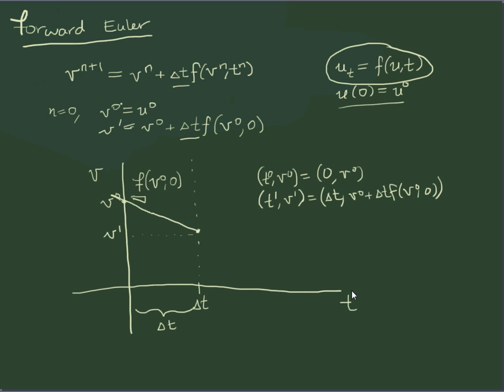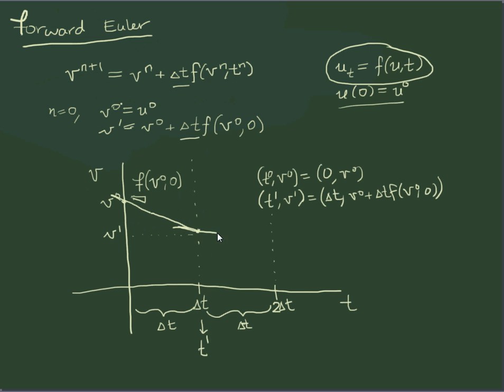And this process continues. So now if I want to move another delta t, that brings me to t equals 2 delta t. I need to evaluate the slope now at time step 1. This is t1. So let's suppose now the slope looks like this.